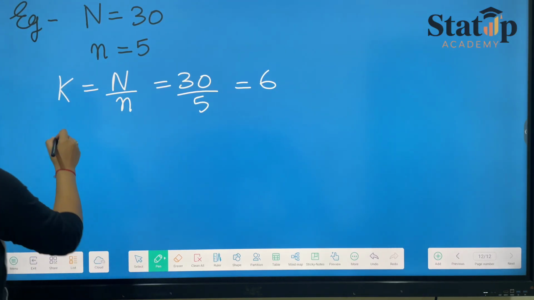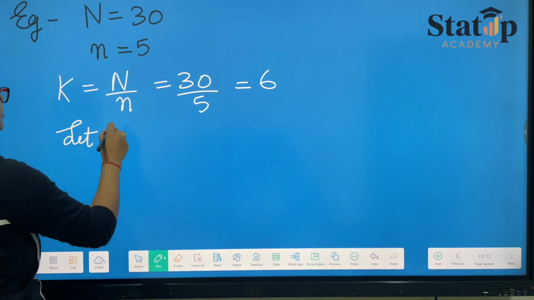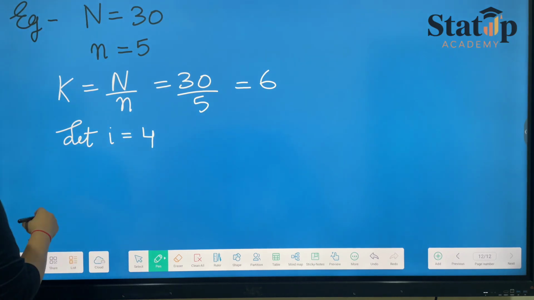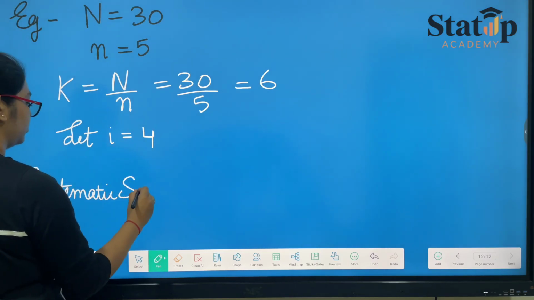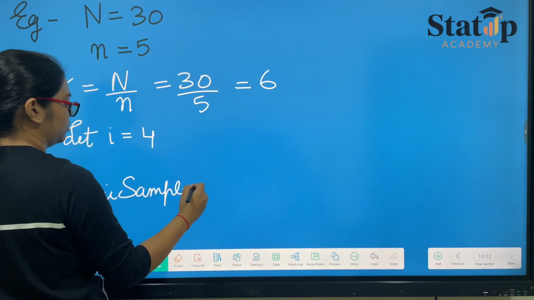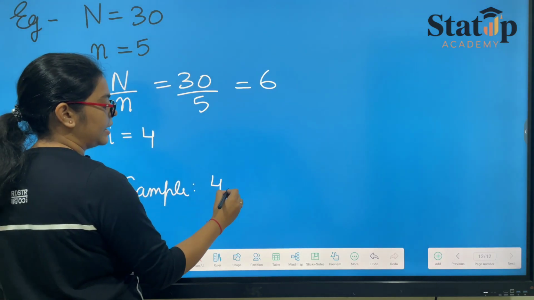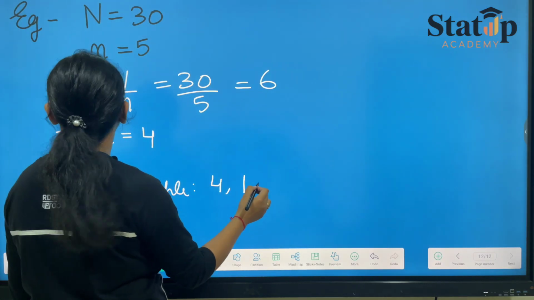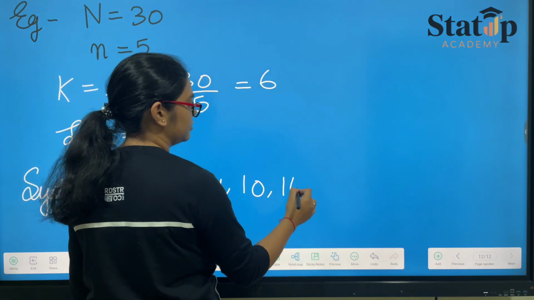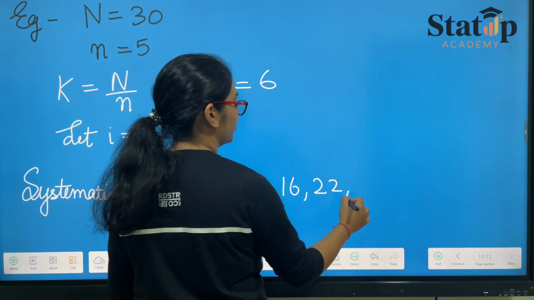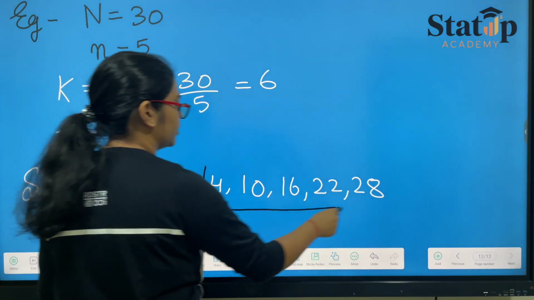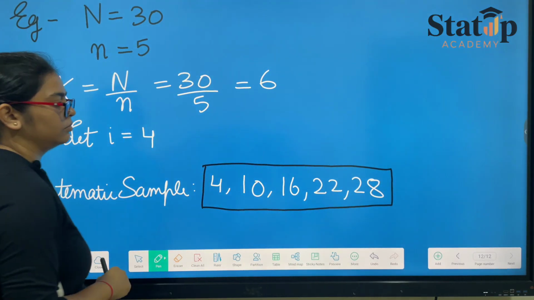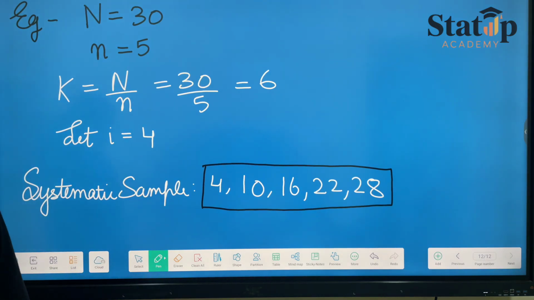Let i be equal to 4. Now our systematic sample would be: first one is 4, then i plus k is 10, then 16, then 22, 28. This is the sample of size 5 units. This is how this is done.